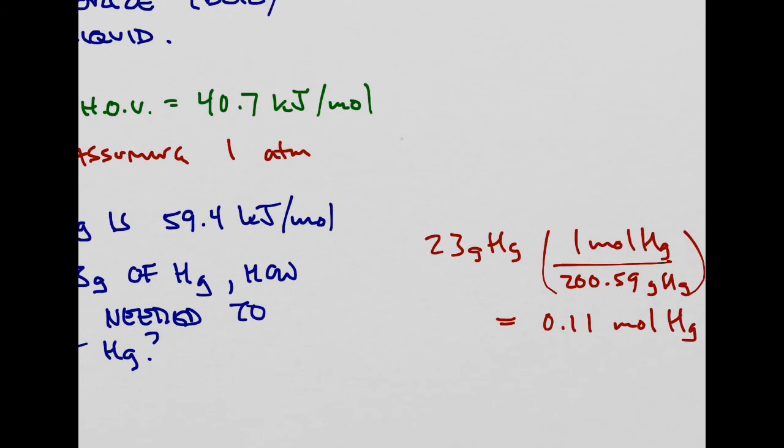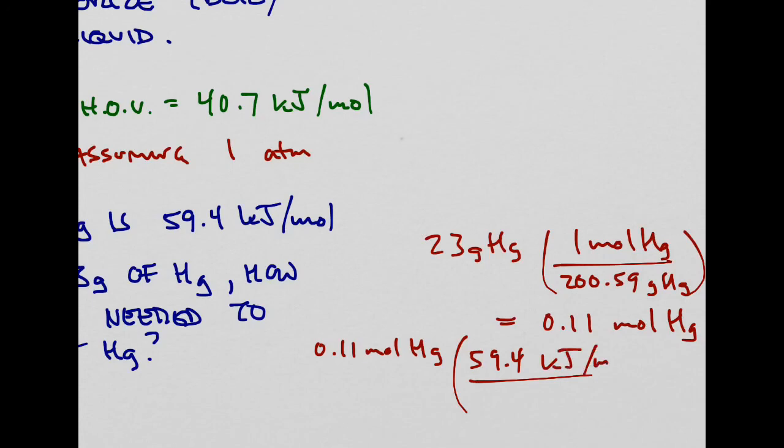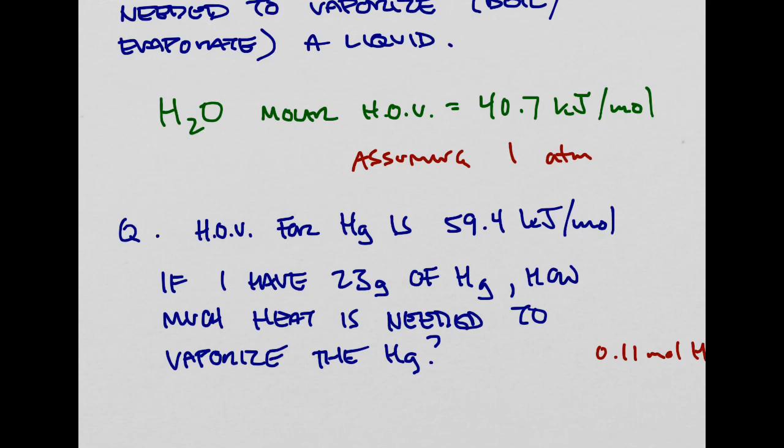And of course, I can use the other equivalency that I just gave you in the problem, which is by taking the 0.11 moles of mercury, set this to the 59.4 kilojoules per 1 mole of Hg. And when I crank that out, I get the answer 6.8 kilojoules. So it would take 6.8 kilojoules of energy to vaporize all 23 grams of mercury.